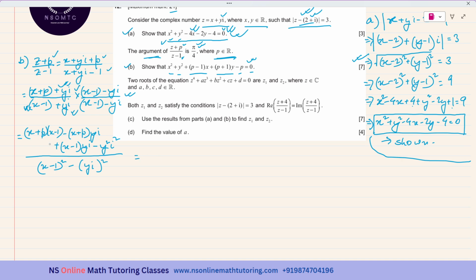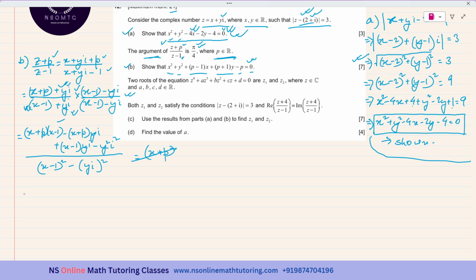Okay, so this is equal to... let me keep it this way. I do not know whether I have to expand the whole thing. Yes, I do have to expand, because these are all fine.